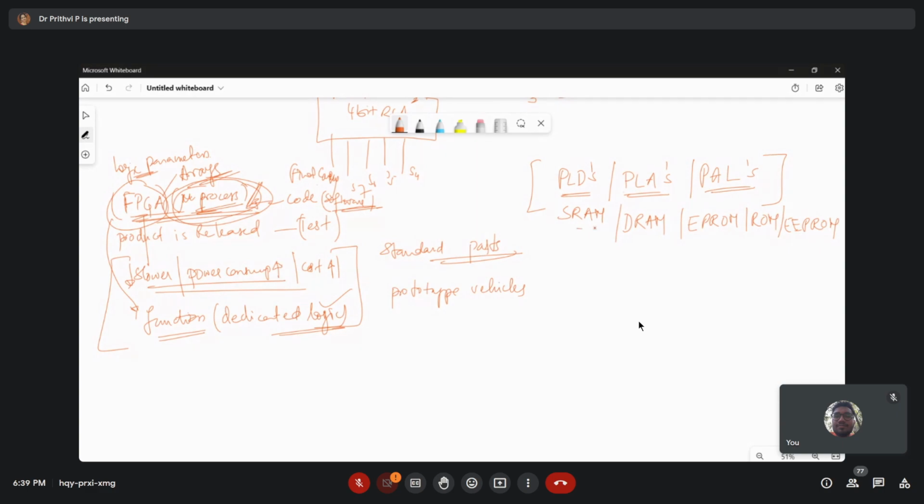That's why we characterize them as SRAM or DRAM, or programmable logic arrays or programmable array logic. To define completely how we are addressing or storing, we can characterize them as RAMs or ROMs. What is the difference between RAM and ROM? This is one type and this is another type.